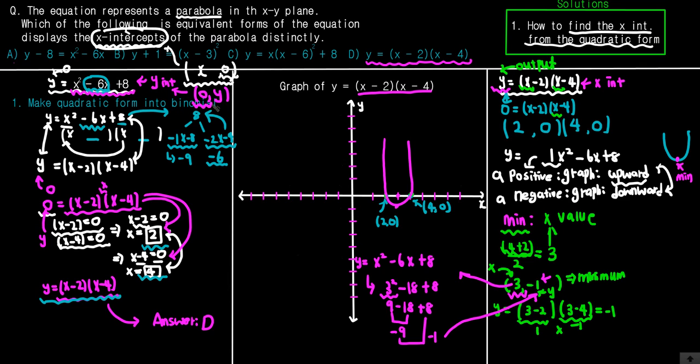We can just input 0 for x into our original function, and this whole thing is going to cancel out, and we get our y-intercept as 8. So this form we use for finding the x-intercept, and this form we use to find the y-intercept. But they're all the same kind of ways to show it.